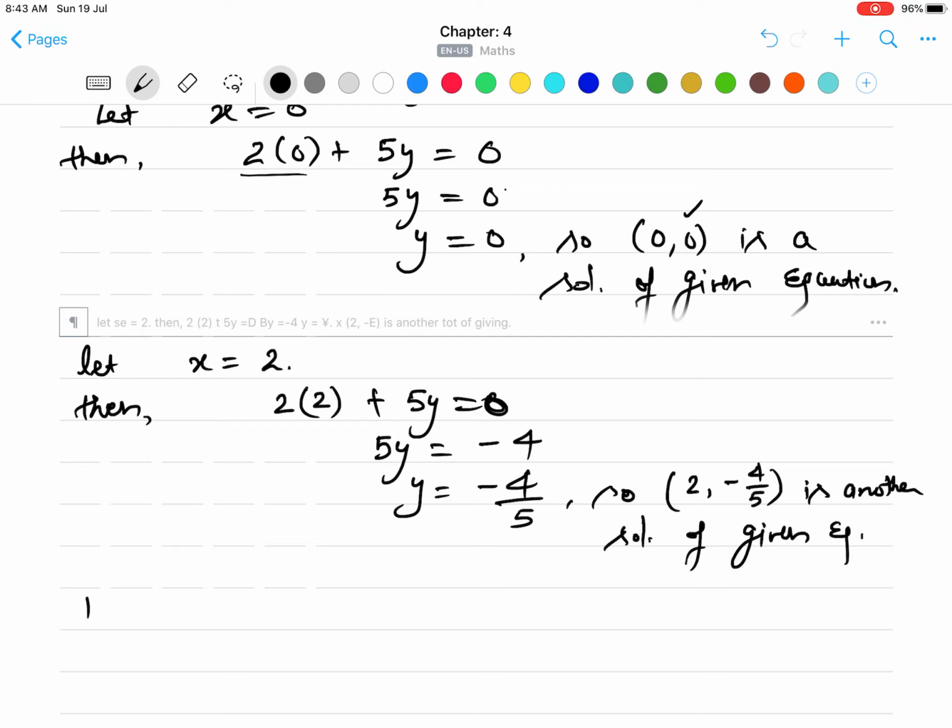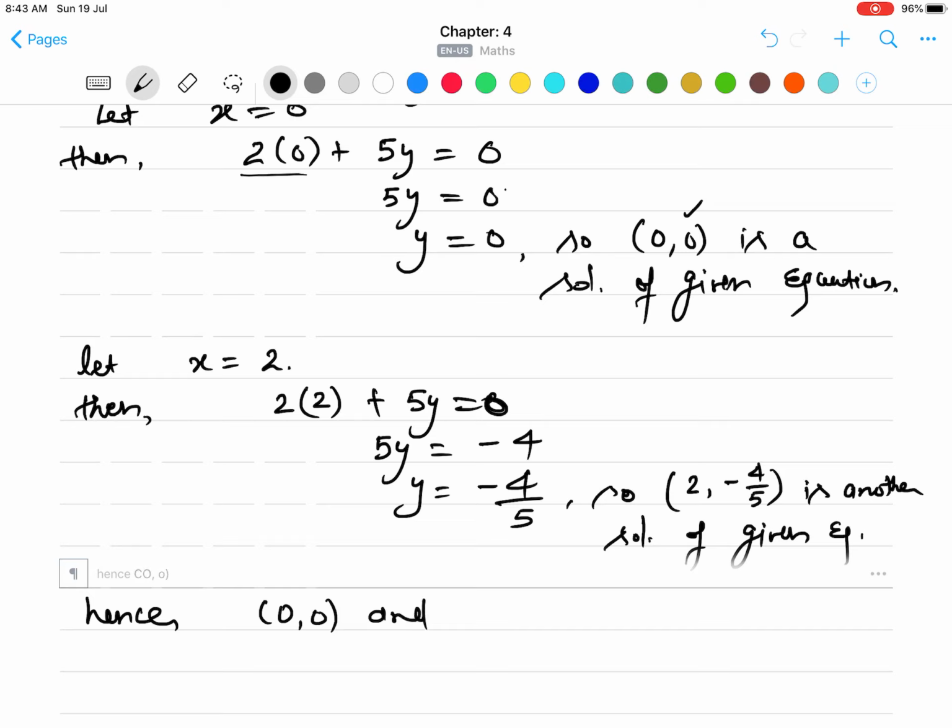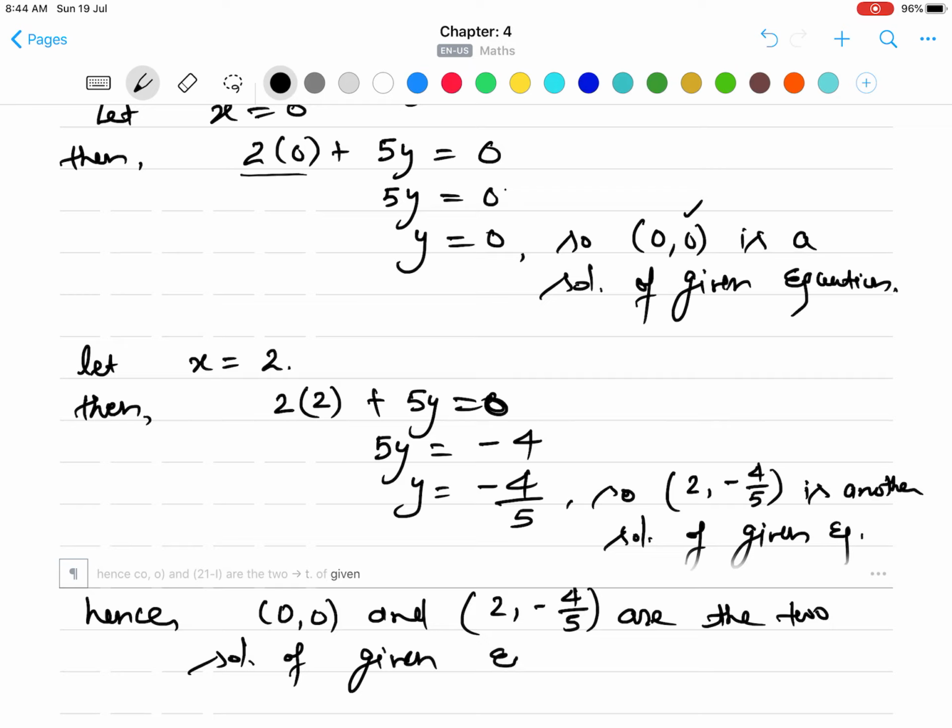So I'll write hence (0, 0) and (2, minus 4 by 5) are the two solutions of the given equation.